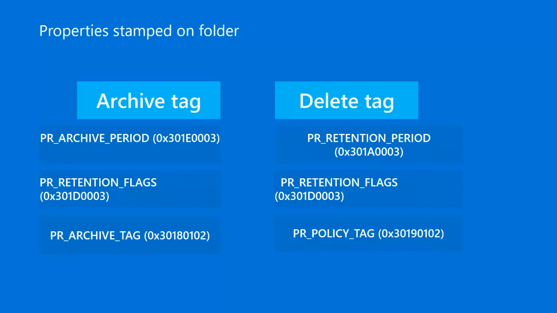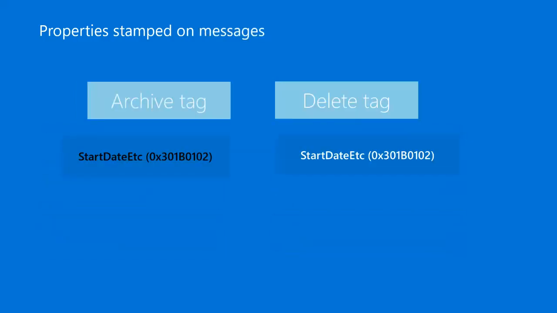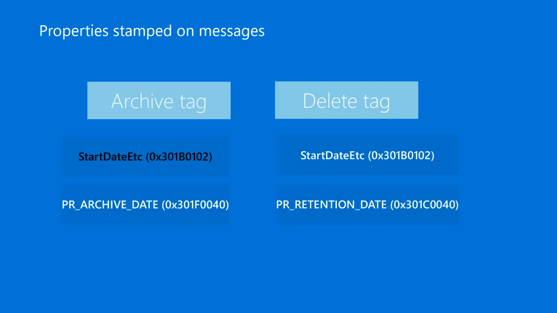It will give you the retention period, when it is expected to be deleted, and the policy tag applied to it. Same thing goes for messages. They will have a start date and an end date for the specific emails that you're looking for, and it will give you when it will be archiving and when it will be deleting the specific email from that mailbox.